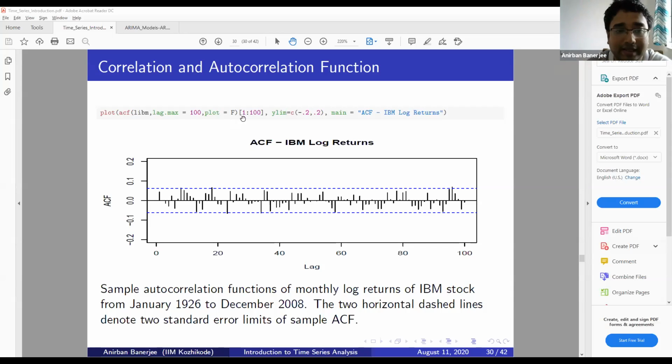And then I am plotting it. So I have an array, and from that array, I'm dropping the first observation and taking the rest. Next is ylim. Again, I think it would be better if I show you the coding in R.